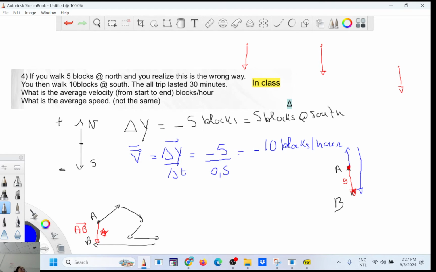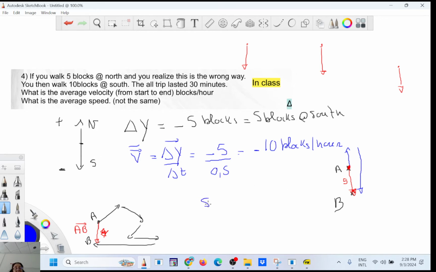So if the fly goes from that exit sign and goes back, what will be its average velocity? 0. Not the speed, but in physics, if you stick to the definition, it will be 0.